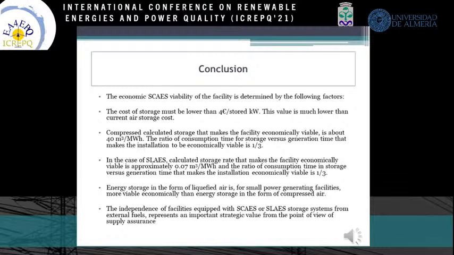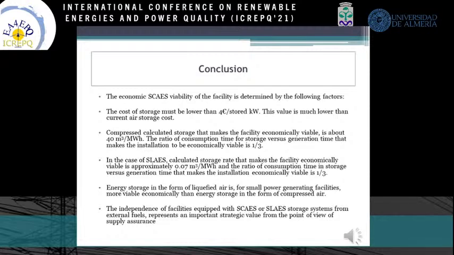In the case of SLICE, the calculated storage rate that makes the facility economically viable is approximately 0.07 cubic meter per megawatt hour, and the ratio of consumption time in storage versus generation time that makes the installation economically viable is 1/3.